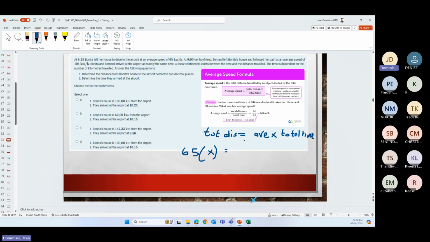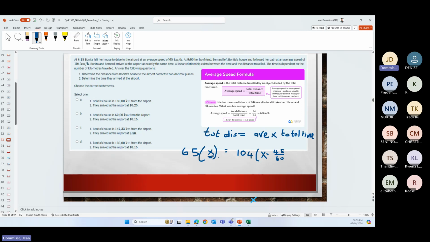Bernard is taking 104 minutes of doing it, but he is driving 45 minutes less. So if Bonita is taking X time, Bernard will take X minus 45 over 60. So if she is taking 3 hours to get there, he will take 2 hours and 15 minutes.